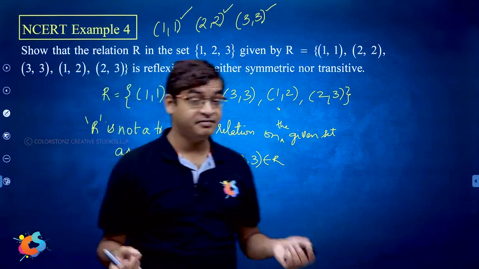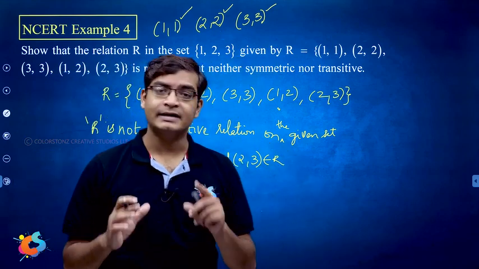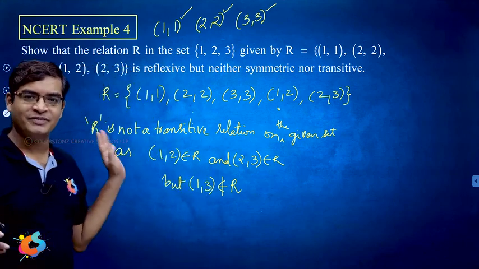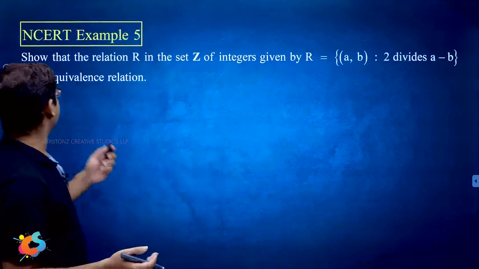You have shown that this is reflexive, this is not symmetric, and this is not transitive. In all of them, you have given the reason. That's it. Okay, clear? So let us take the next question.